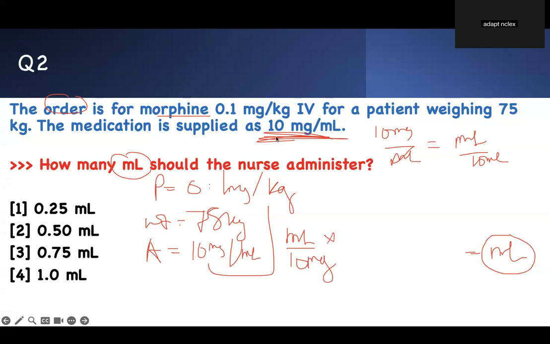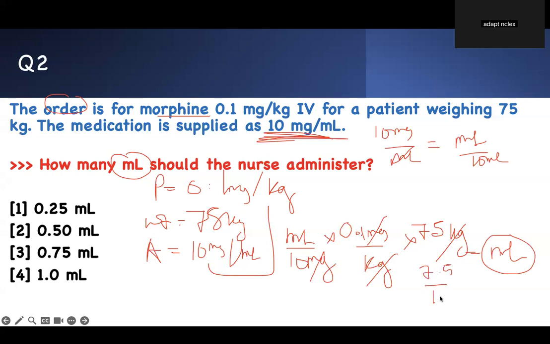Now, I have to bring the prescribed dose, which is 0.1 milligram per kilo. The patient weighs 75 kilos, so I multiply here by 75 kilos. And you see kilo cancels kilo, milligram cancels milligram. This time, this is what?